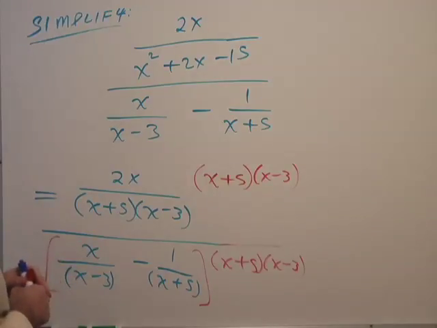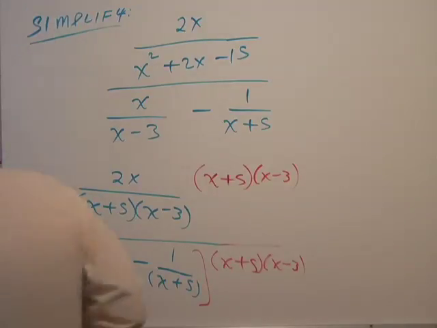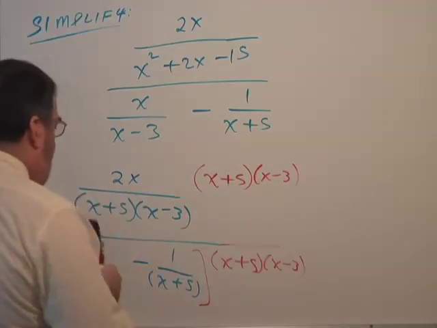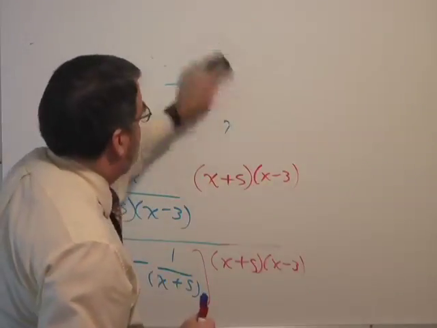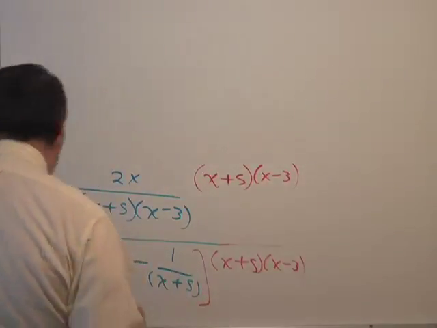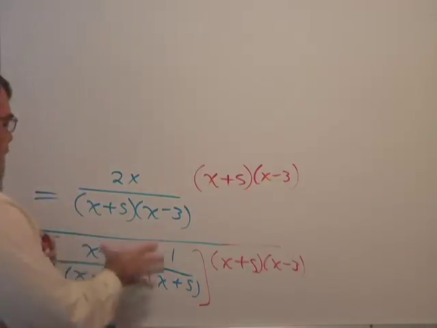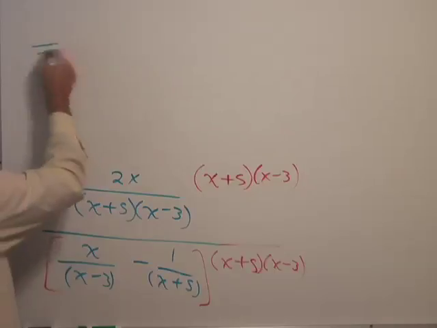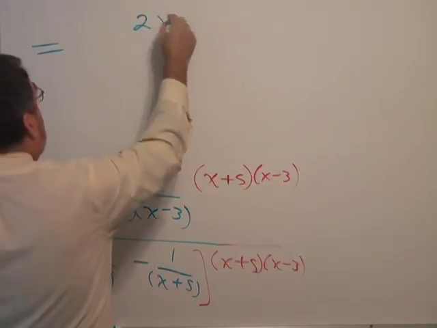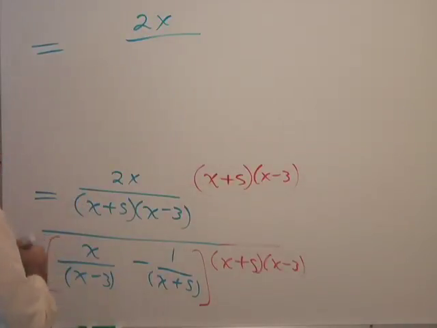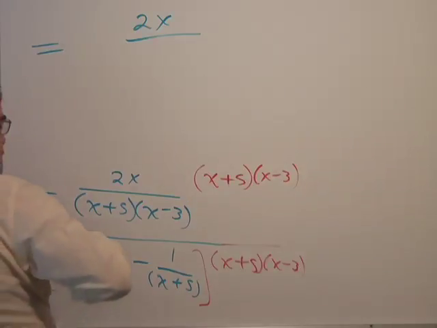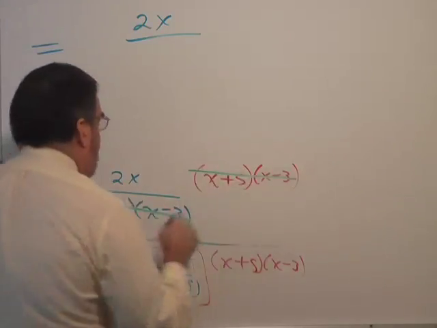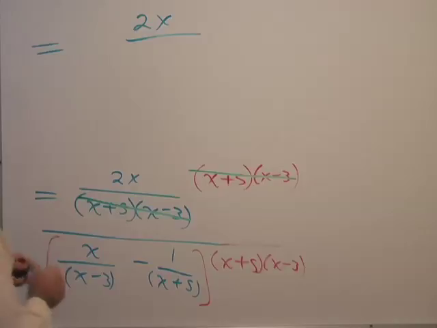Let me make some room up here, so let me do a little bit of erasing. Okay, so now both these are going to cancel, so my numerator is left with just 2x. All right, well, that's kind of nice.